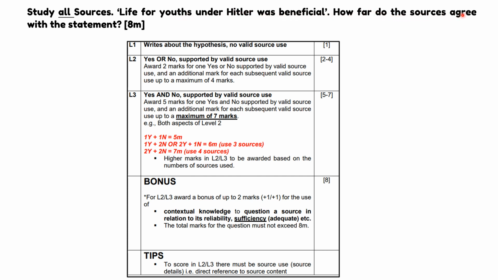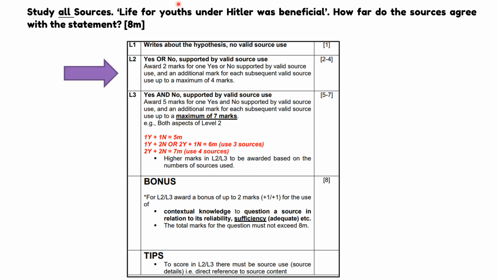How far do the sources agree with the statement? So it's 8 marks. All right, and you can see that all these L1, L2, L3 are actually the levels of marking. And these are what we call descriptors. Whereas the right hand column, the extreme right, shows all the marks that are being allocated.